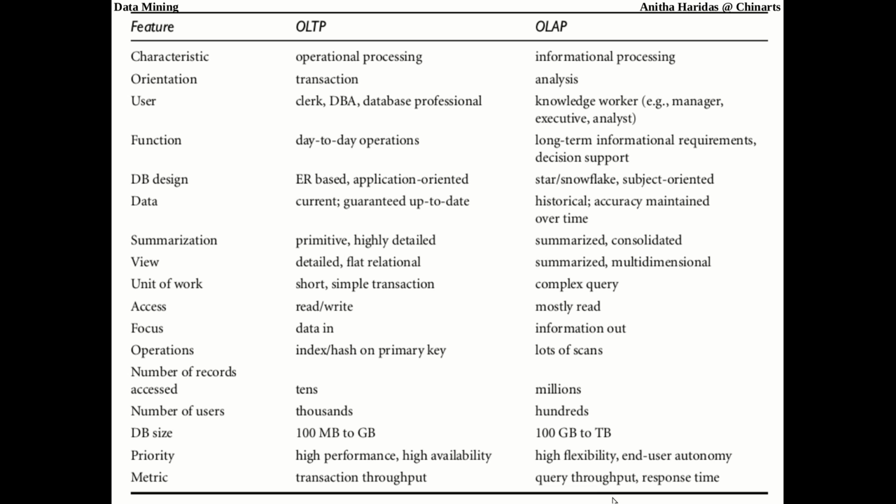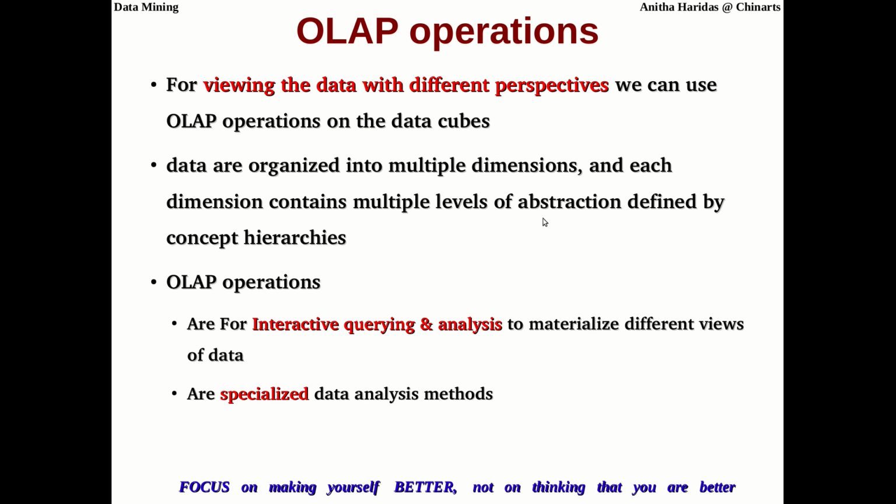So how many queries are executed per second, or what is the response time? Because you are going to scan nearly lakhs and lakhs of records. So if this is the case, the query throughput and the response time become the metric for online analytical processing systems, right? So this is the basic difference between transaction processing and analytical processing.